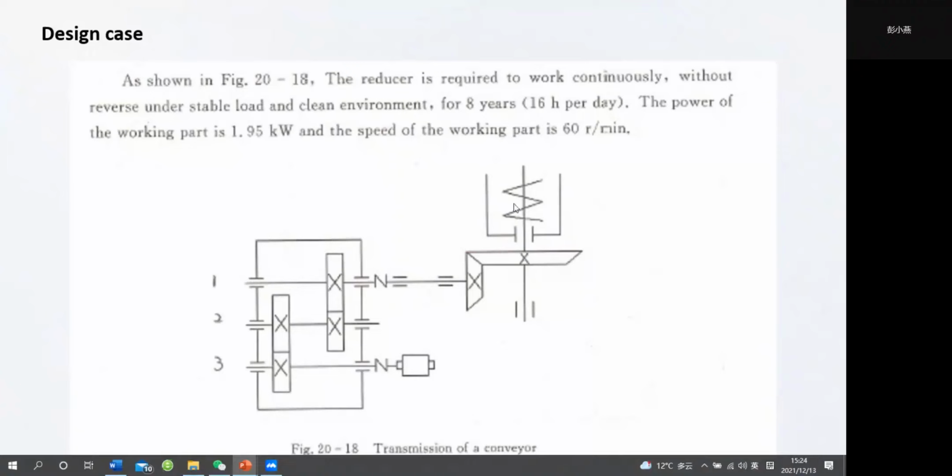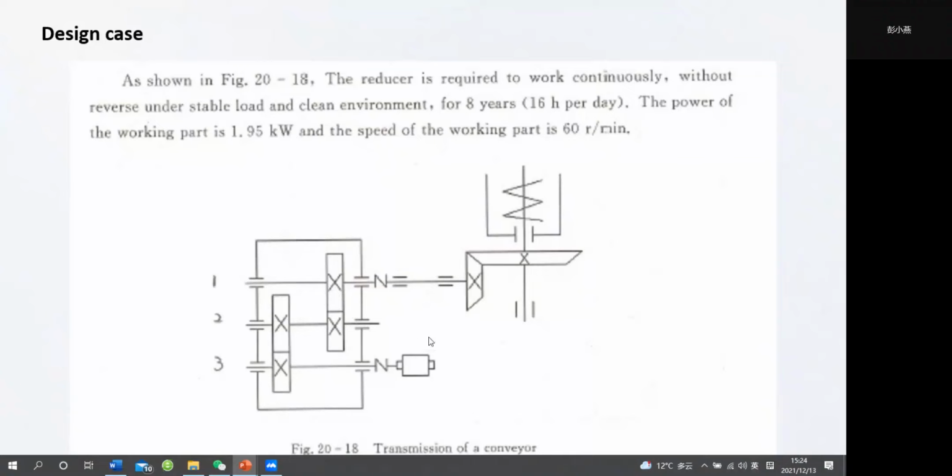The power of the working part is 1.95 kilowatt, and the speed of the working part is 60 revolutions per minute. So we know the power and the speed of the working part.